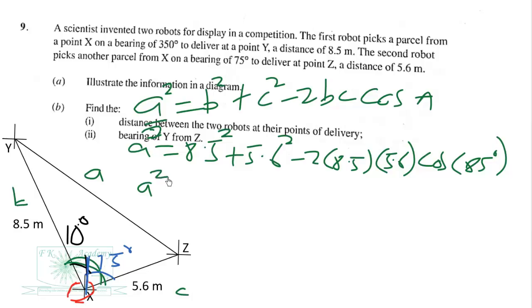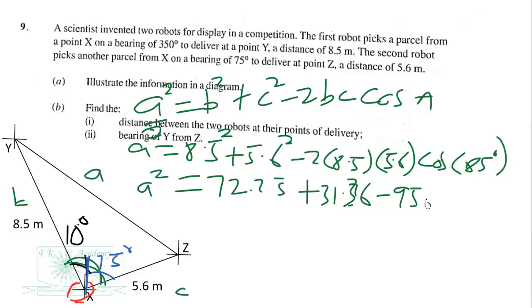So a squared will be equal to 72.25 plus 31.36 minus, now all of this will give us 95.2 times 0.0872 to 4 decimal places.